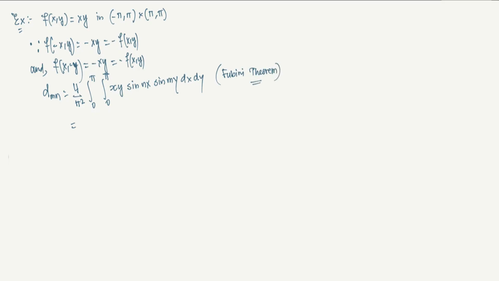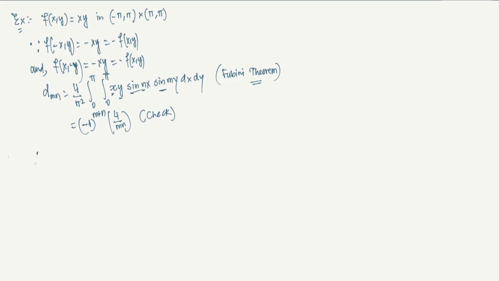So you use Fourier and show that this is nothing but (-1)^(m+n) times 4 by mn. This part I want you to check yourself. This is an exercise. It is very important that you know how to do this. Basically, take x with sin nx and y with sin my. You can do that because of Fourier, and take the integral separately. Then calculate the whole thing and you will end up with this.